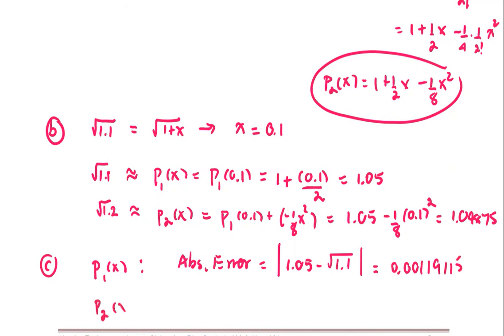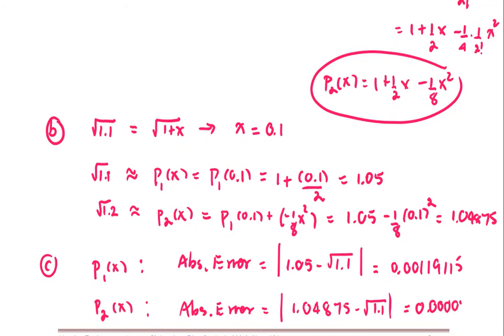For P2, or the quadratic approximation, the absolute error is the absolute value of 1.04875 minus square root of 1.1, which gives us 0.00005888482.